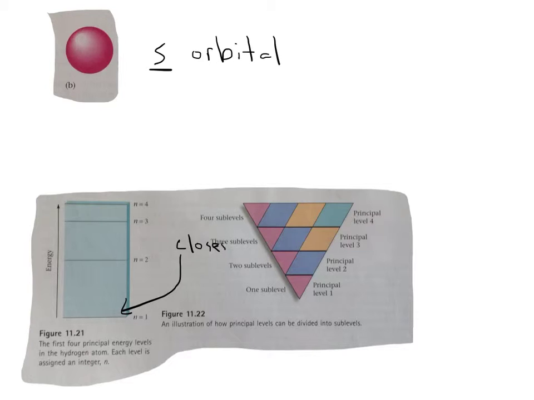And then we have a second energy level, or principal level 2, energy level 3, energy level 4, and so on. As the energy levels get higher, the electrons in those energy levels get further away from the nucleus.